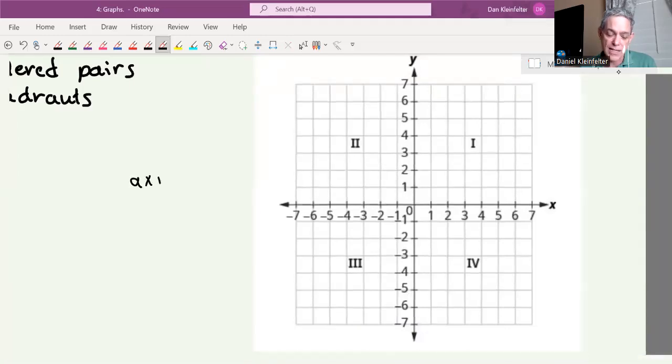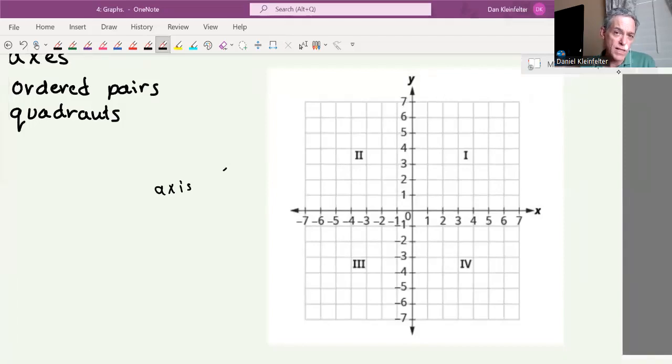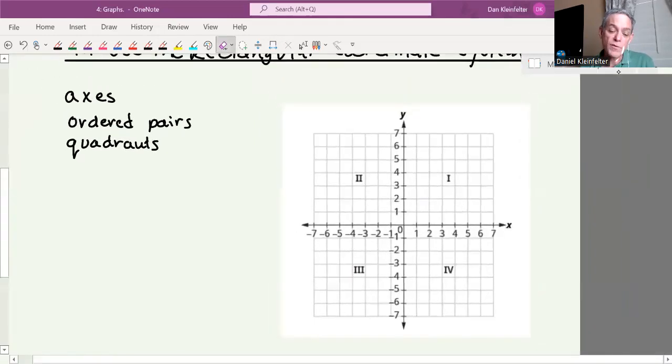So that's axis, A-X-I-S. The other number line is the Y number line, or Y-axis. And like I said, they intersect at the point where it's 0 for both lines. The plural for axis is axes, so they're X and Y axes.